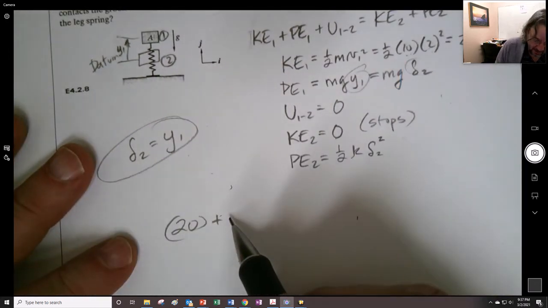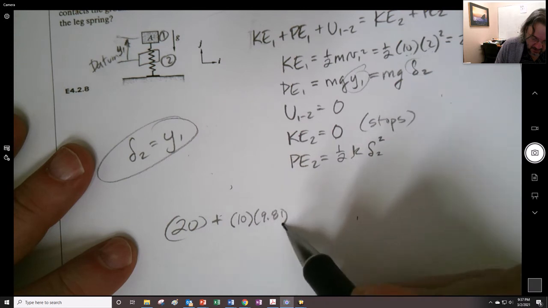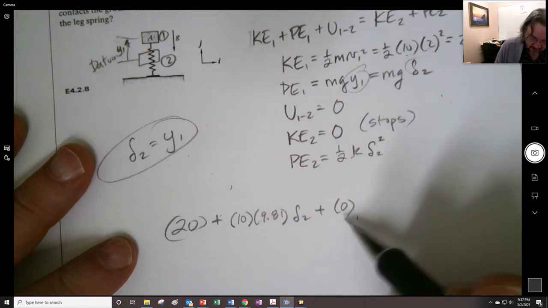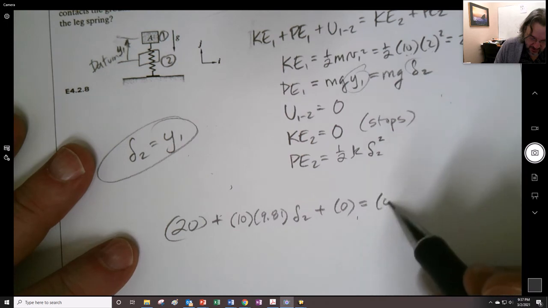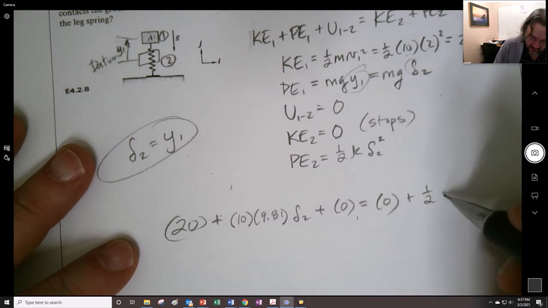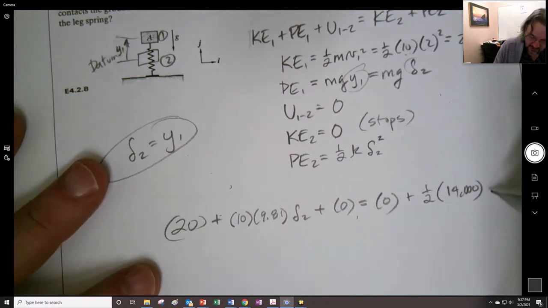Anyway, not distracted. Okay, so the mass of it is 10 kilograms, 9.81, times our del 2, that's the thing we want to get, plus 0 for external stuff going on, 0 for kinetic energy, plus 1/2 k is going to be 14,000, and then we're going to have del 2 squared.